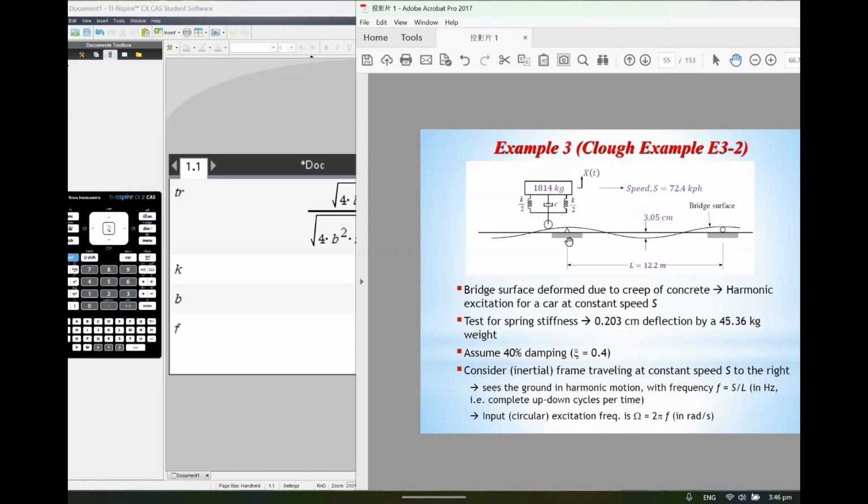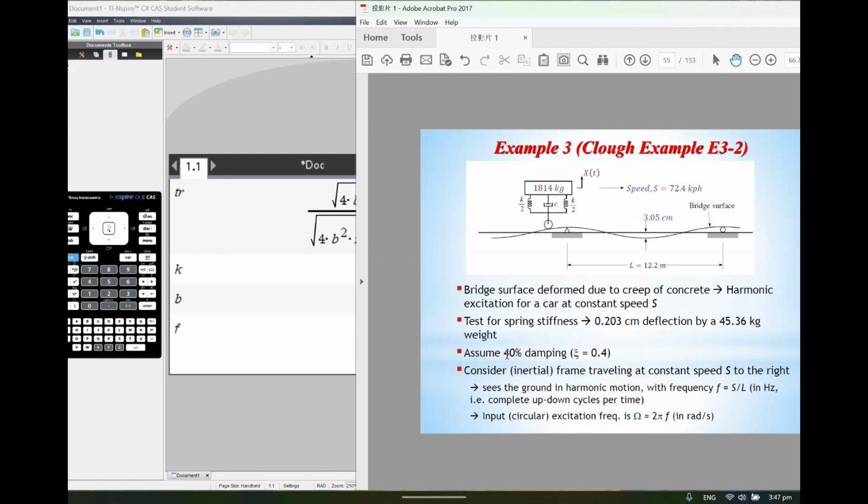Well, the two peaks have a separation of L. The speed is S. So I hope you're convinced that S over L is how many complete cycles you receive per time. So that is the frequency. But be careful to use consistent units. And that, again, will give you big omega, the driving frequency of the ground.